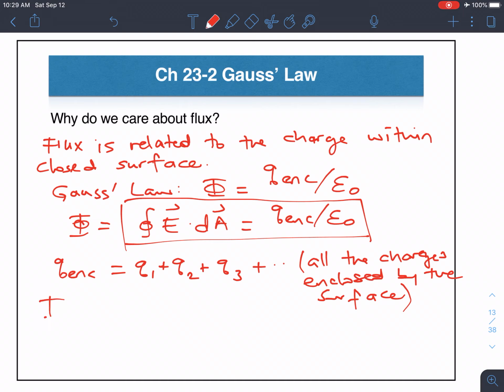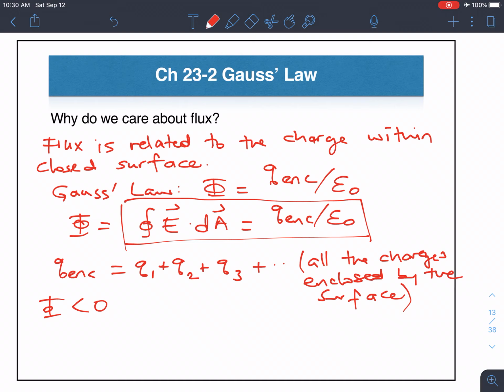And if you end up with having negative flux, it is because you are not adding those charges in absolute value, you're just adding them up. So if they're positive, you're having positive value in there. If you're negative, you're keeping the negative value, okay?